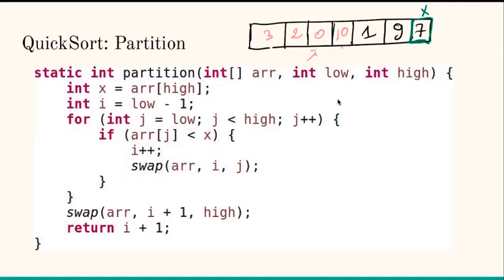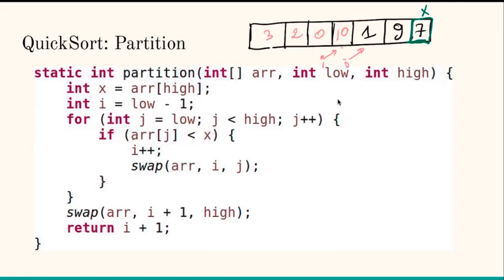So we have I here, and G will move there, okay? This condition is still true. So what we do next, we increment I here, and then we swap these two values, okay? So if you understand the idea, it is shifting elements that are bigger than the pivot to the right of the array, and elements that are lower than the pivot to the left of the array, okay?